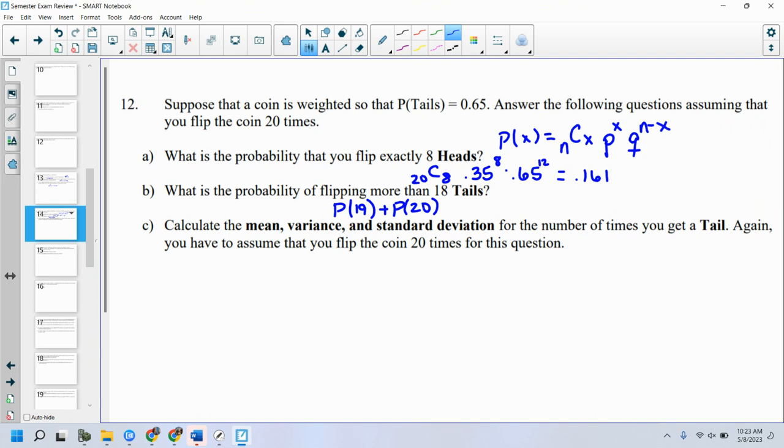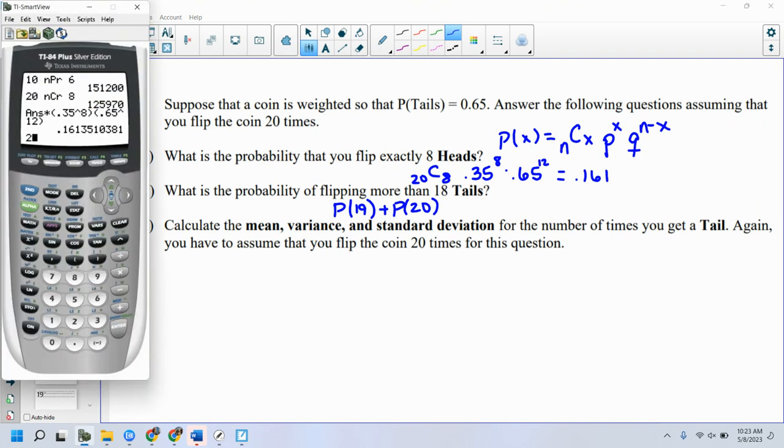So let's calculate the probability of 19. 20 C 19 times 0.35 to the 19th times 0.65 to the first, right? Oh, wait. Tails. We've got these flipped around. This should be 0.65 because that last one was heads.